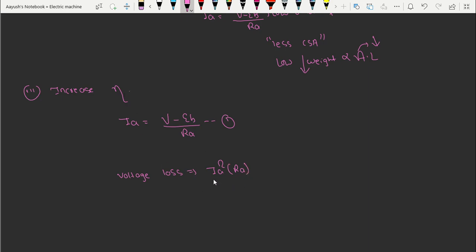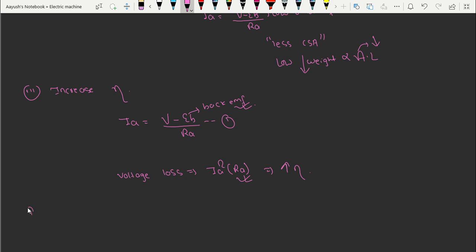So we can decrease the loss by increasing back EMF. In this way, due to the presence of the back EMF, the IA is less. Less IA means less voltage loss, and less voltage loss means higher efficiency. In this way we can increase the efficiency of the DC motor.